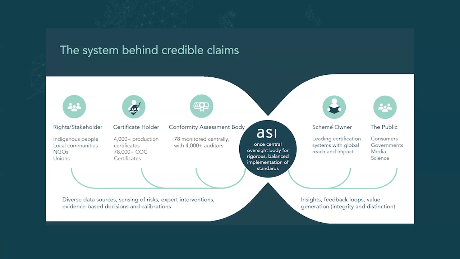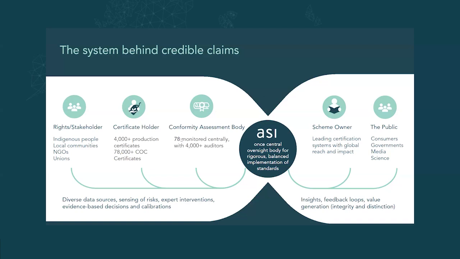The scheme owner has a specific role to set clear rules that can be embedded in practice, realized in practice through the certificate holders. So these are the companies which produce a product or which trade it, pass it on along the supply chain. Those certificate holders are certified by certification bodies, or we call them conformity assessment bodies.